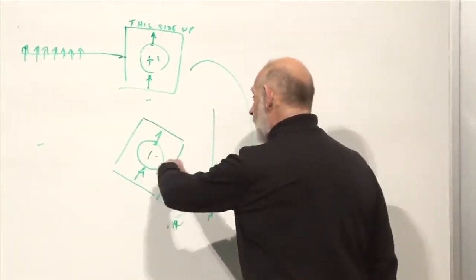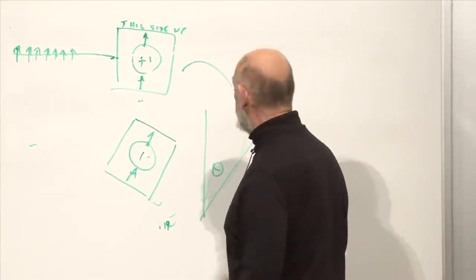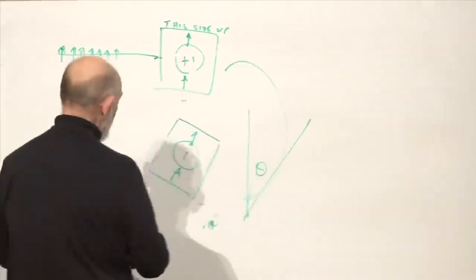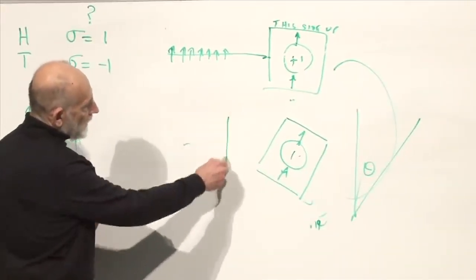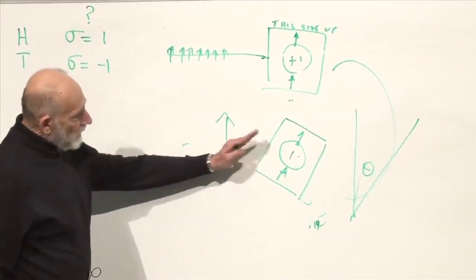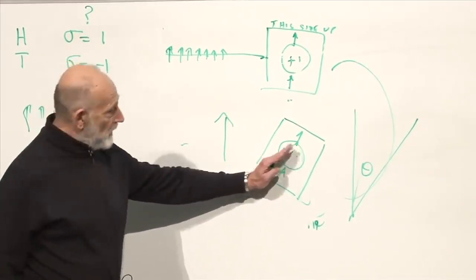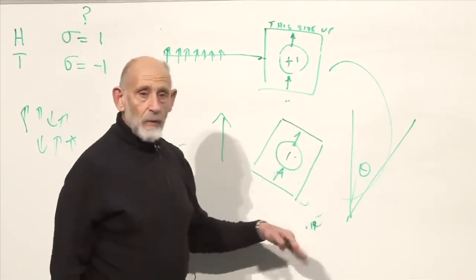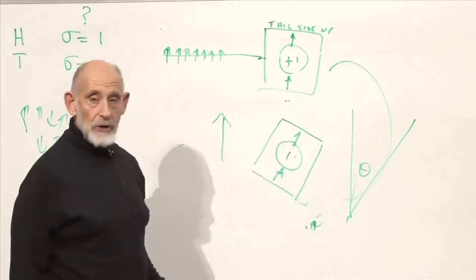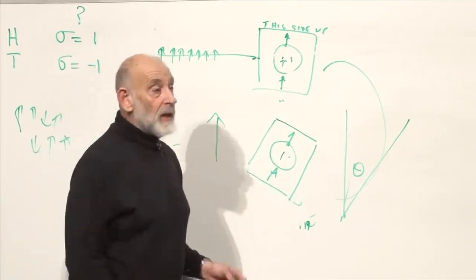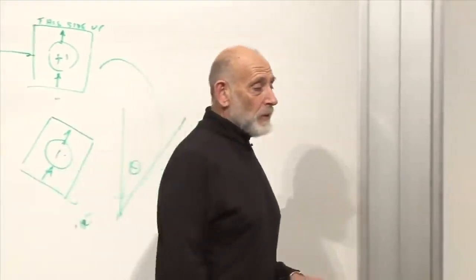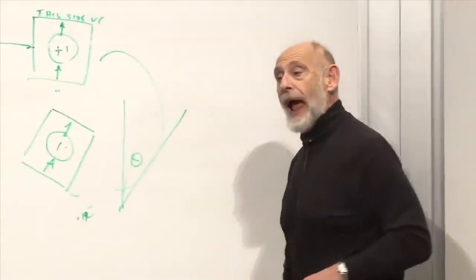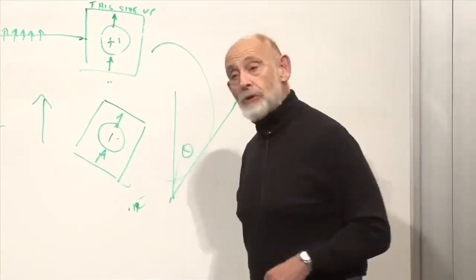Exactly like the x component of a vector would be, or exactly like the component of this vector along the detector axis. The component of this vector along the detector axis would be smaller by a factor of cosine theta classically. Quantum mechanically, we simply get +1, -1, +1, +1, -1, whatever, in such a way as to average to the cosine of the angle.